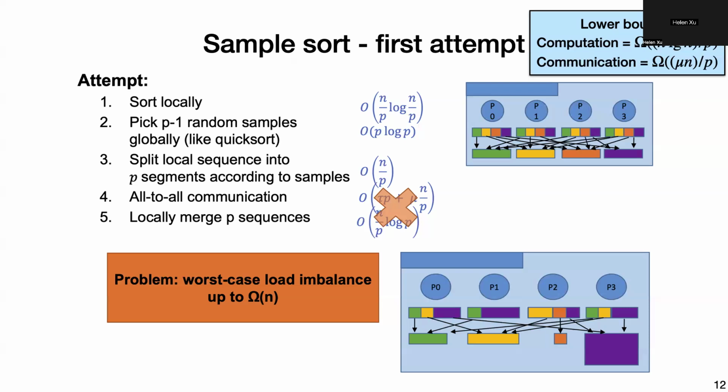Okay, so you pick the p random samples, and everybody needs to know the samples that everybody else chose. And then you split the local sequence into p segments given the samples. That's local computation, that's n over p. Like in this picture, everybody has their section. Then this part with the arrows is the all-to-all communication, where everybody knows which section of their elements is going to p0, and which section is going to p1, so they need to all ship it to the right places.